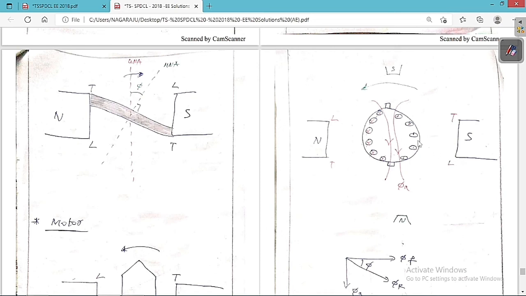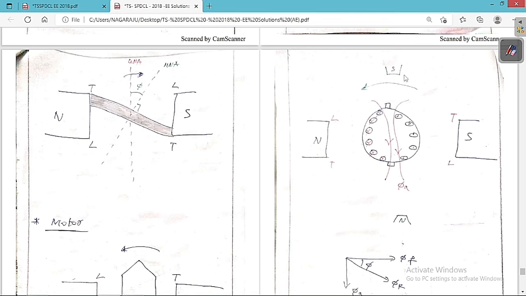Now leading pole tips are going to get oversaturated compared to trailing pole tips in a motor. And always you can see the polarity of the interpole is in the behind direction of the main pole, behind the main pole in the direction of rotation.